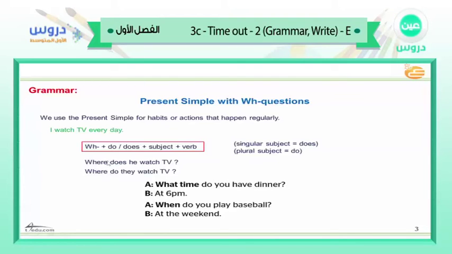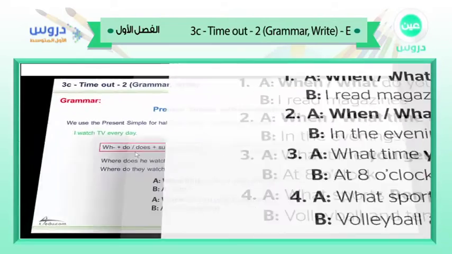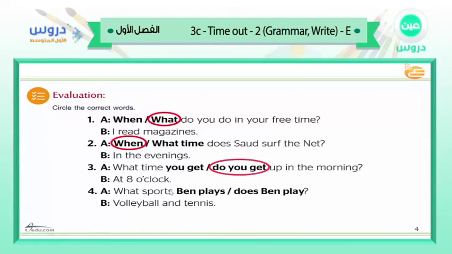What do you think? Yes, we have to use it. So in this case, we have to say, what time do you get up in the morning? At 8 o'clock.